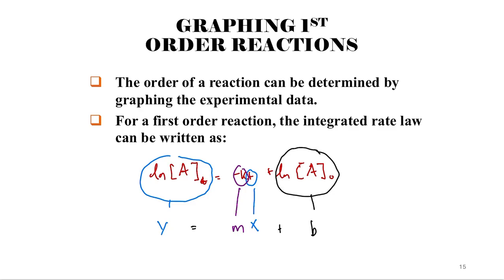Then you get the next data point, take the logarithm of that concentration, and plot it versus the next time interval, maybe 10 seconds after that. When you do that, if it is a first order reaction, it should give you a straight line. So what we're doing is manipulating the data in a way that, if it is a first order reaction, it should be a line if we plot the data this way.